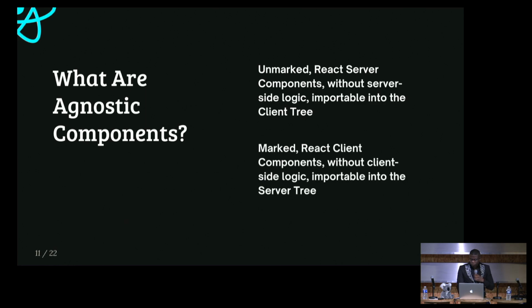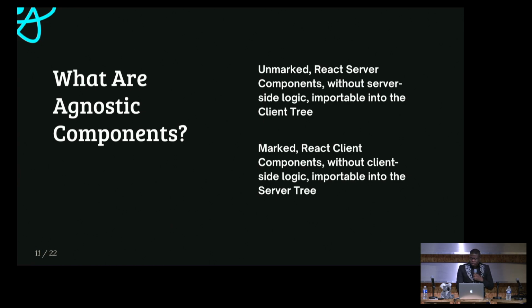Within the paradigm of the full-stack React architecture, agnostic components are React server components exported from modules without directive that can be imported into the client tree. This enforces that they come from modules without server-side logic, and therefore come without server-side logic themselves.